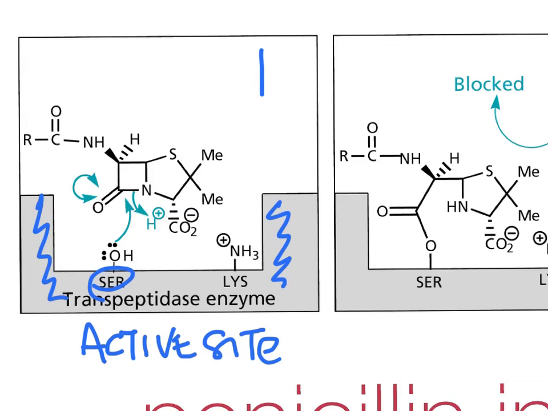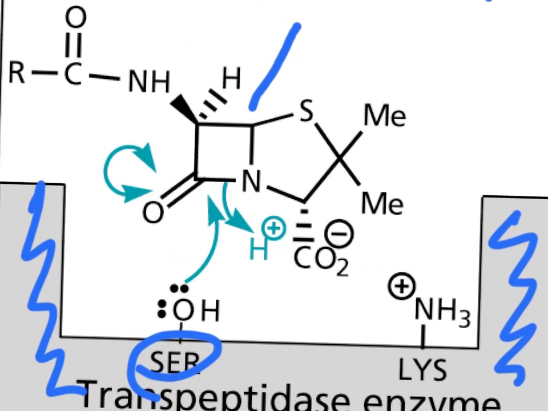Because serine, having an alcohol group at the terminal end on the side chain, will actually attack the four-member ring. So you just zoom in again.